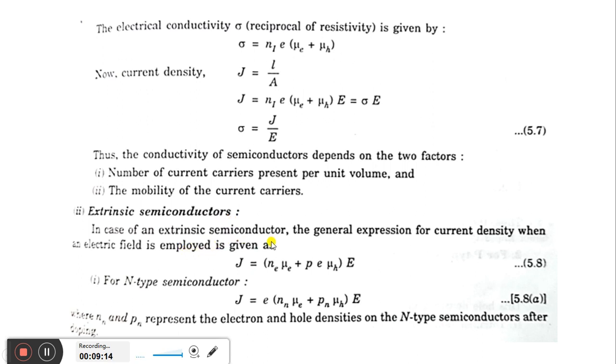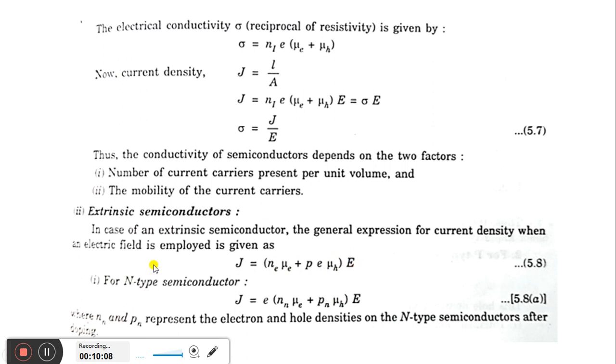In the case of an extrinsic semiconductor, the general expression for the current density when an electric field is applied is given by J equals sigma E. So we can write here, in the case of an extrinsic semiconductor, n i can be written as n e E mu e plus p for the holes, e mu h, E.